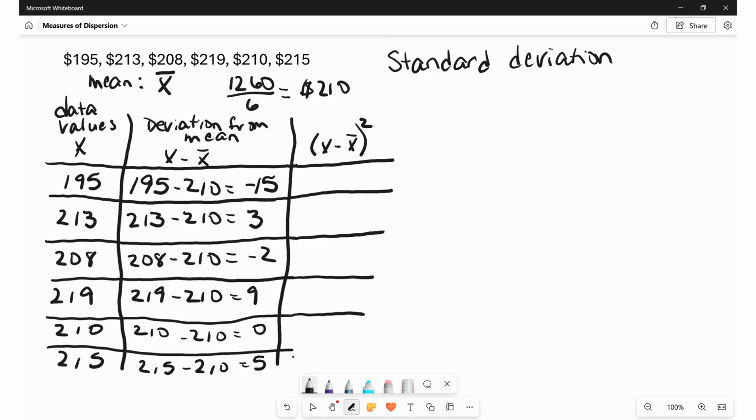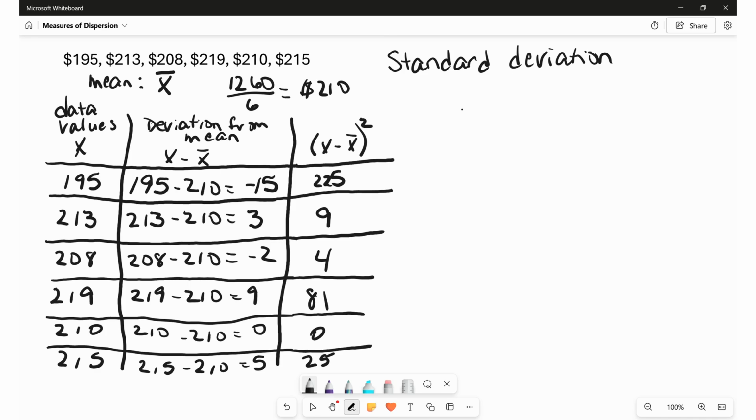So negative 15 squared gives you 225. 3 squared gives you 9. Negative 2 squared is 4. 9 squared is 81. 0 squared is 0. And 5 squared is 25. Now we need to find the sum.